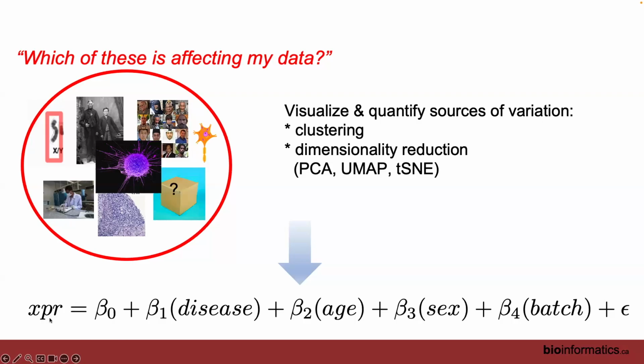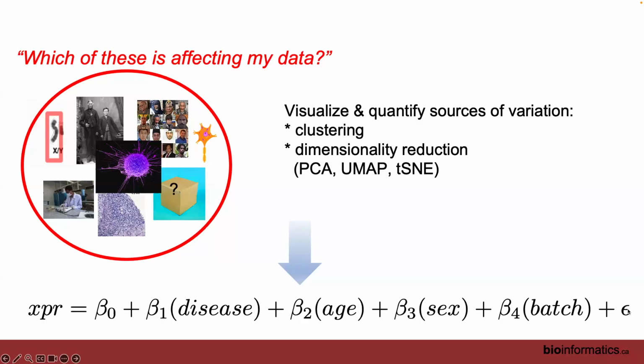And at the end of the day, your statistical model becomes a little broader. It includes these sources of variation. You say, now I believe that expression of a gene is the offset, plus the factor I'm interested in, plus these biological sources of variation, plus these technical sources of variation, plus the unmodeled source, the epsilon.